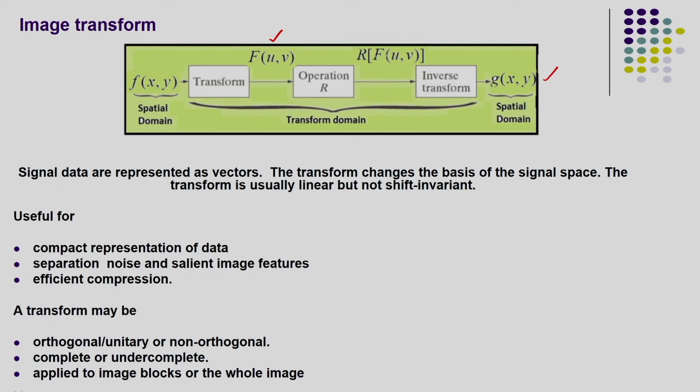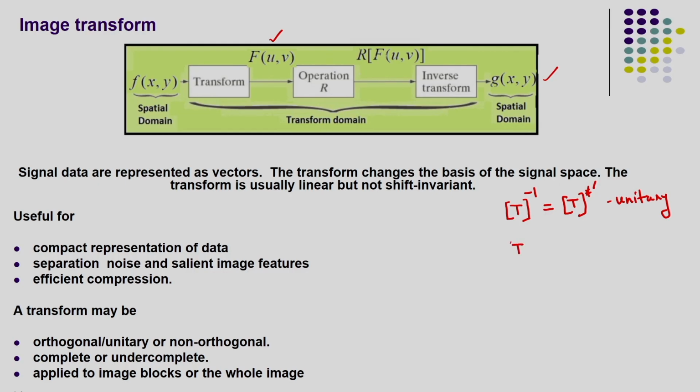The transform may be orthogonal or maybe non-orthogonal. Suppose I consider one transformation matrix T, that is a complex matrix, and if T inverse is equal to T complex conjugate transpose, then this matrix T is called the unitary matrix. In this case the transformation is called the unitary transformation.